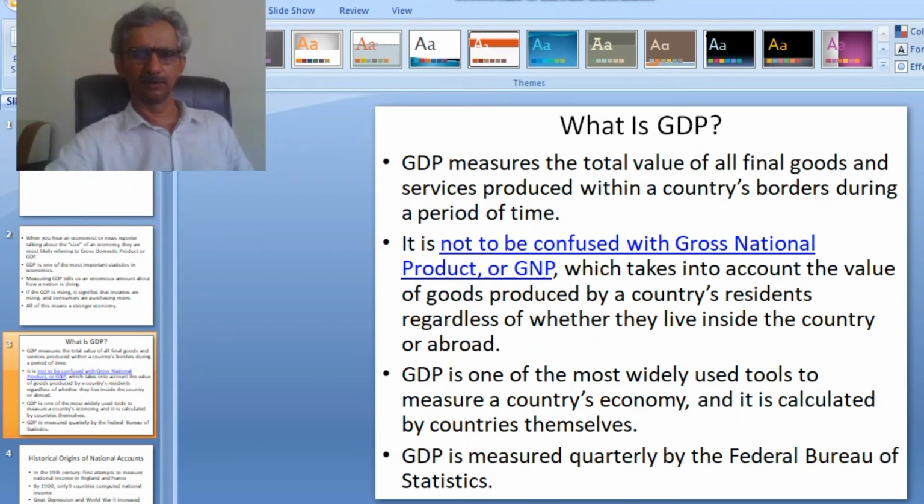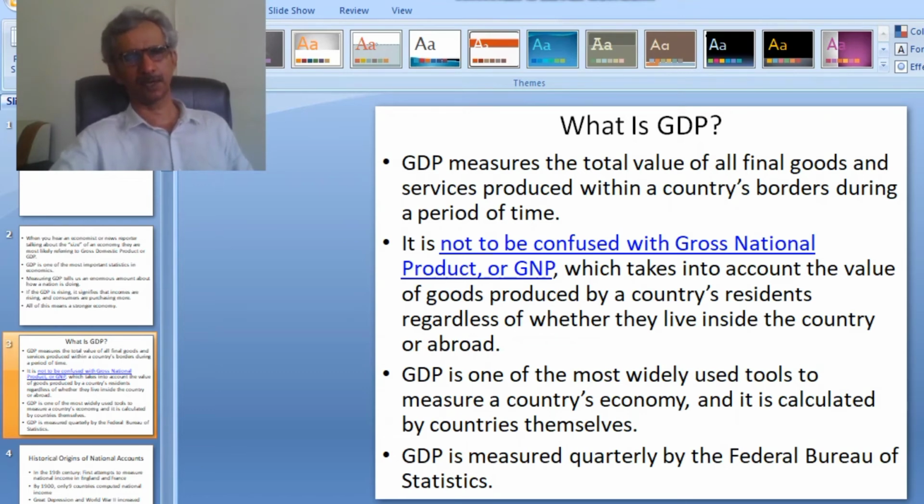Another term which is very important to understand is goods and services produced within the borders during a period of time. It means everything which is produced within the country's boundary line, whether the goods and services are produced by the citizens of that country or by foreigners who are working in that country.